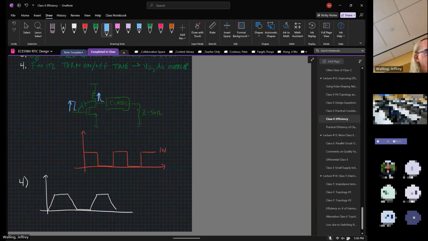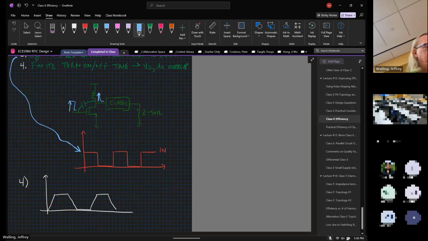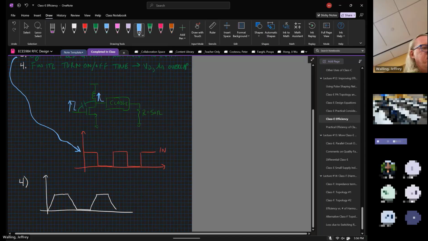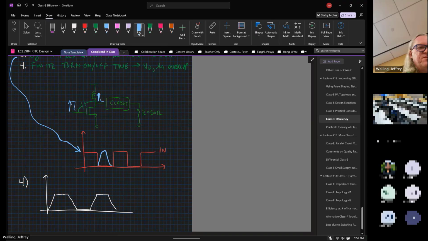If we look at the impact on the waveform for this CGD effect, ideally our switch voltage looks something like that, but in reality we get this little spike and then it dissipates again.